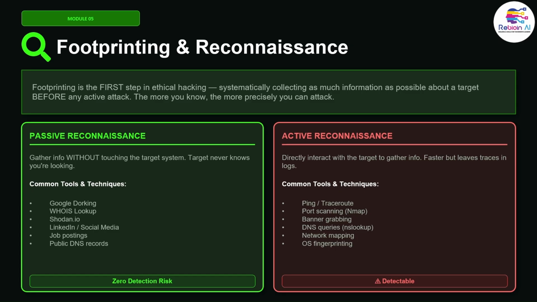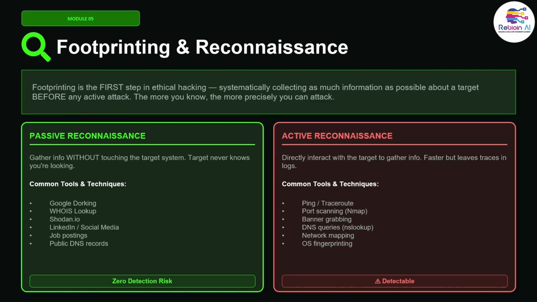They check if there's a guard dog. They look for an unlocked window. They gather intelligence before they act. That's footprinting. In hacking, footprinting means systematically collecting as much information as possible about your target before you do anything active. The more information you have, the more targeted and effective your approach will be.